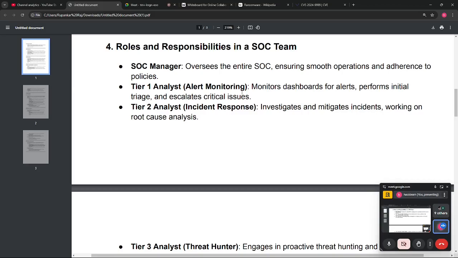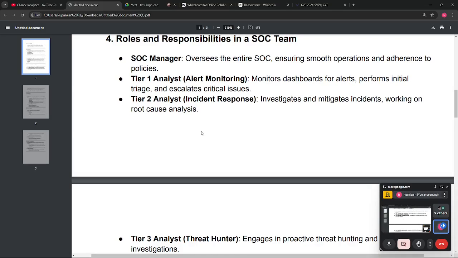If there is any attack, they monitor it, and all these attacks you will be monitoring using SIEM tools like Splunk or IBM QRadar. You will be filtering out all the false positives and focusing on actionable alerts. So that's how you will be working as a tier one.